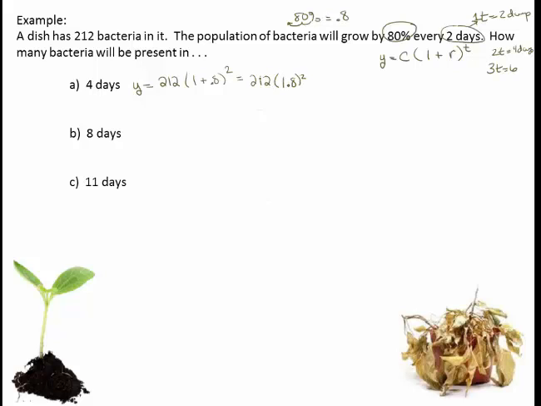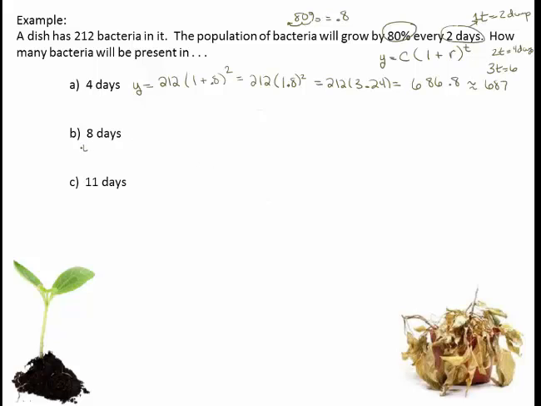So first I'll need to square the 1.8, and that's going to give me 3.24, and then I multiply that times 212, and in 4 days there will be 686.8, so approximately 687 bacteria, because we can't have a part of a bacteria.